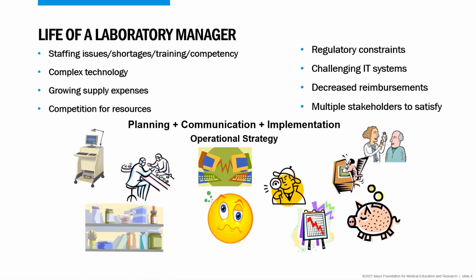You have to plan, you have to communicate, and you have to implement a strategy to help you in your daily management and also weekly or monthly management of the lab. If you don't have these three components, the planning, the communication, and the implementation, what's going to happen is you are continually fighting fires every day. So the topic of today is how do you make sure that you have a good operational strategy in operating a phlebotomy lab.